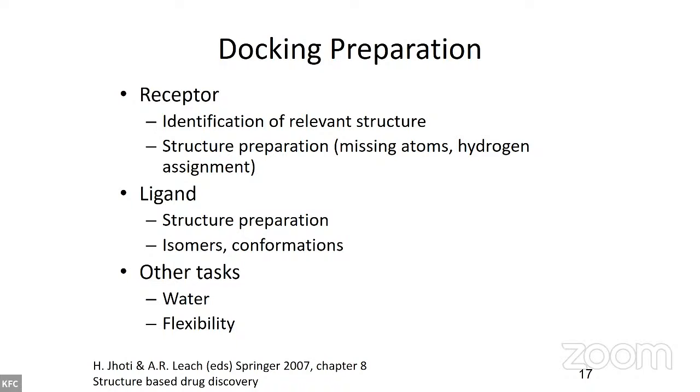We had to find the relevant one. And we have to prepare it for the docking. Then we have to do the same thing for the ligands. And I'll show you that sometimes it's not that easy. And there are several other things like what to do with water and what to do with flexibility.